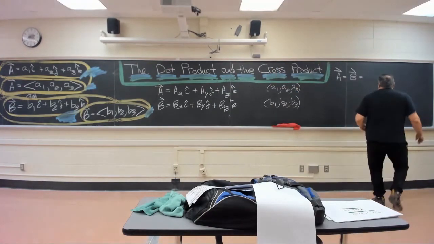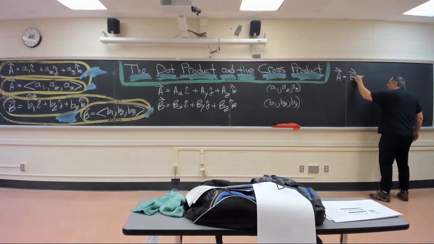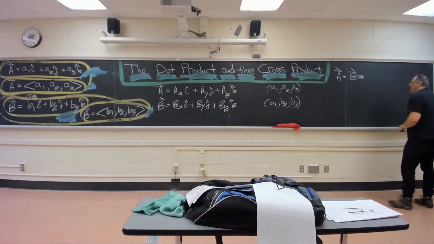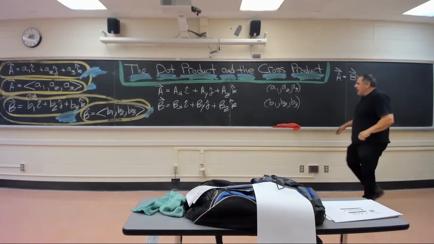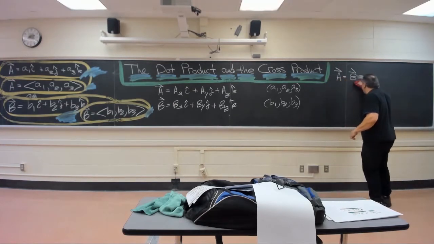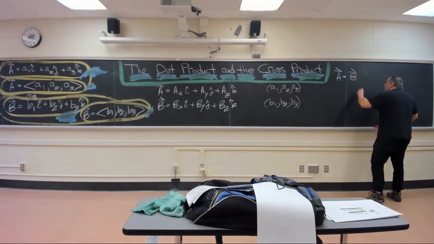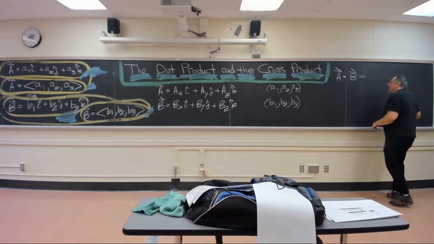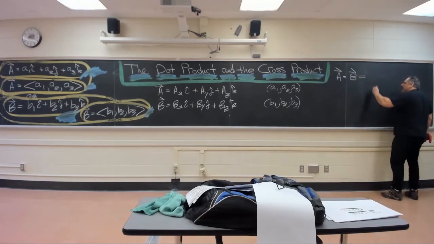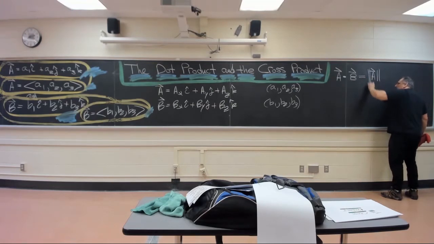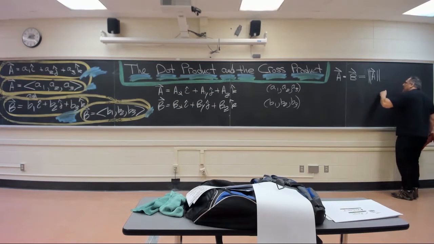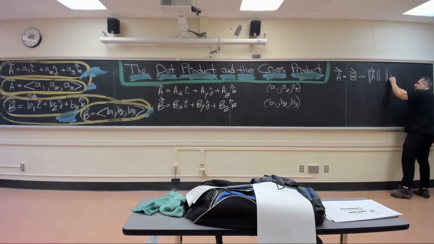There's a lot of notation out there, guys, and it's not that some is better than the other. It's just that there's a lot of notation out there. So be familiar as best you can when you're dealing with this stuff, in case you encounter different things in different literature, how you say stuff. A vector dot b vector is the magnitude. It's a scalar. It is the magnitude of a vector times the magnitude of b vector.